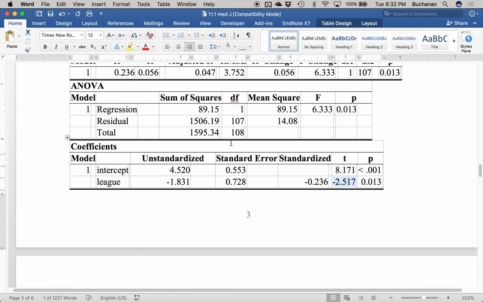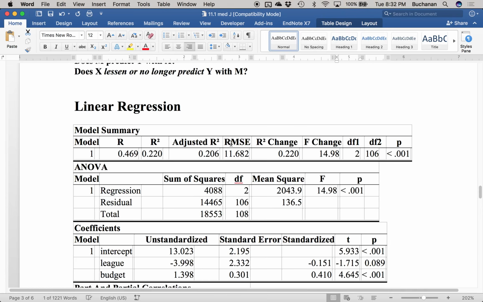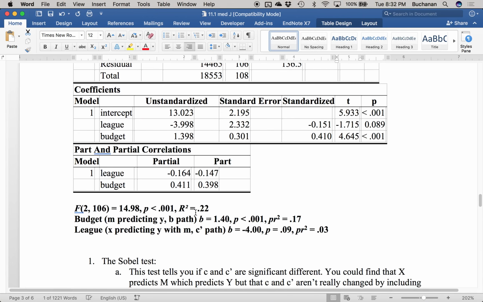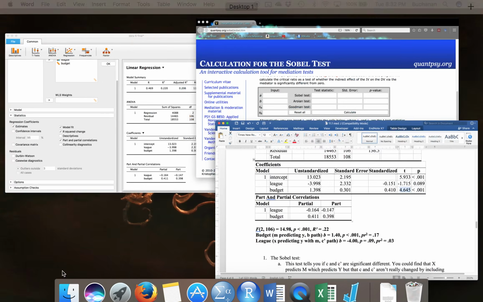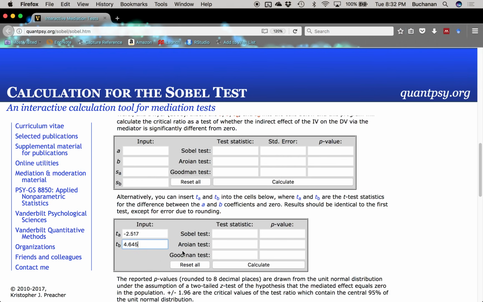So we'll fix that in just a minute. That's my fault. And then we're going to get the B path here, which is this 4.65. Calculate. I'm going to take a quick picture of this and stick it in the notes for you guys to see it.